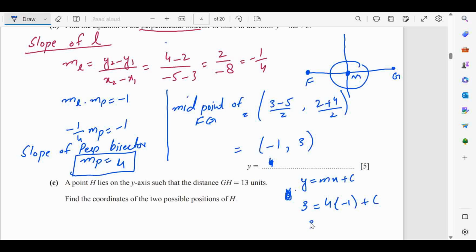So finally 3 is equals to -4 plus c. So c will be equals to 7. So finally y will be equals to 4x plus 7. This will be the final answer. Let's move to part C.